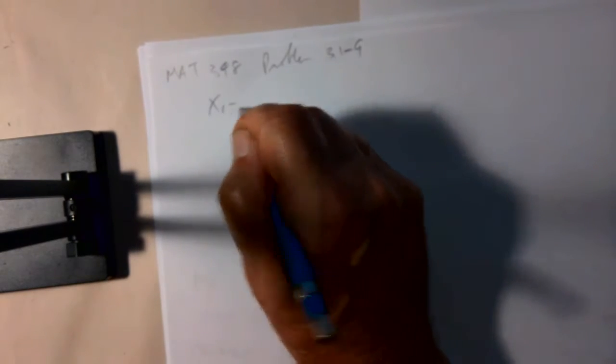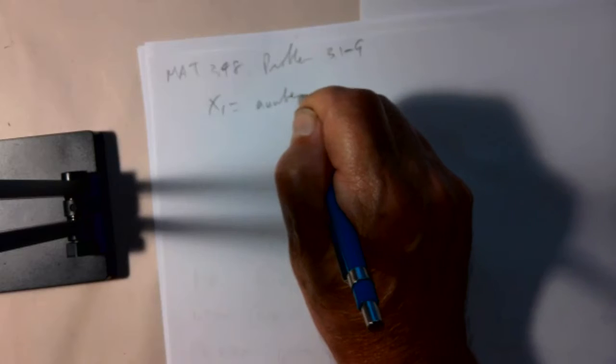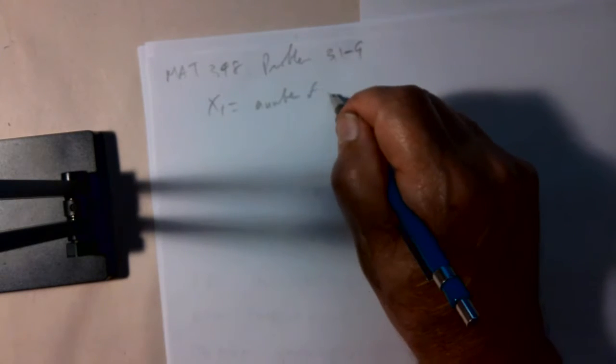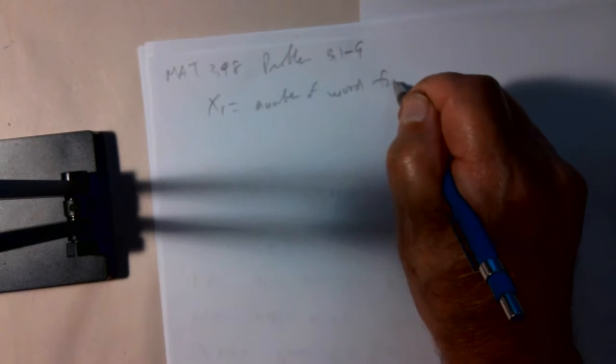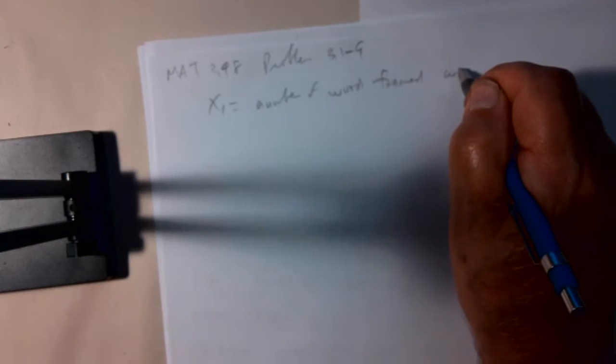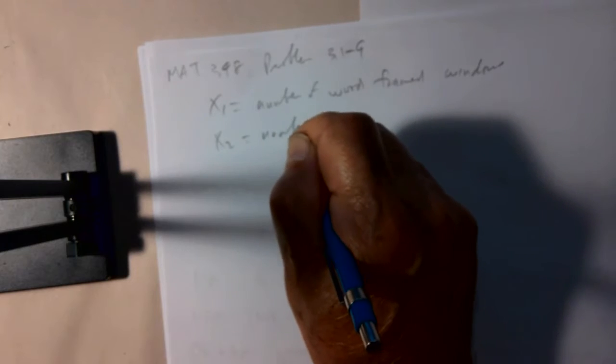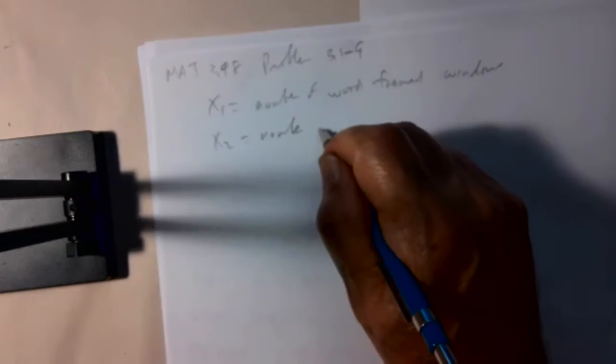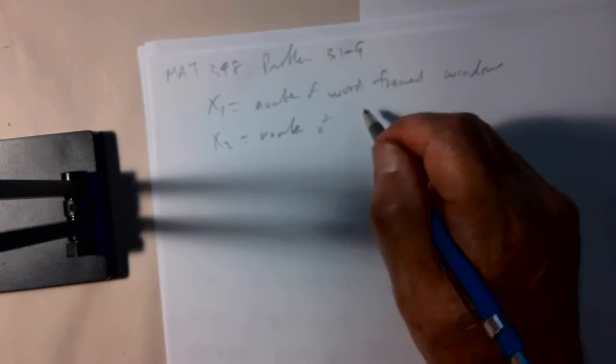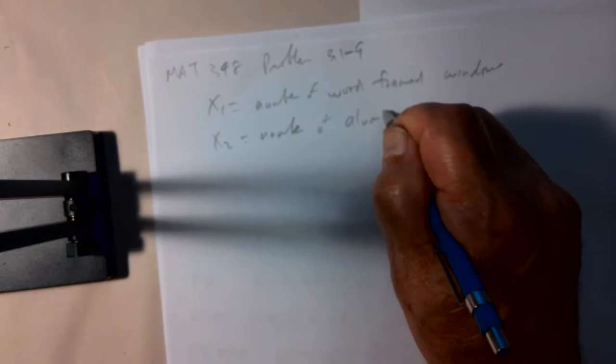Suppose we let x1 be the number of wood framed windows, and x2 be the number of aluminum framed windows.